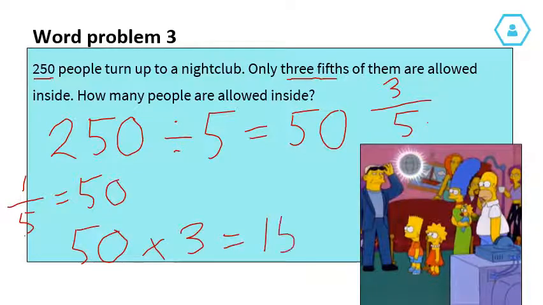It'll tell me 150 people. So 3/5 of 250 is 150. So it's a 2-step problem in that situation and 2 different operations. We've got division to start off with, and then we have to multiply one of those parts by 3 there.